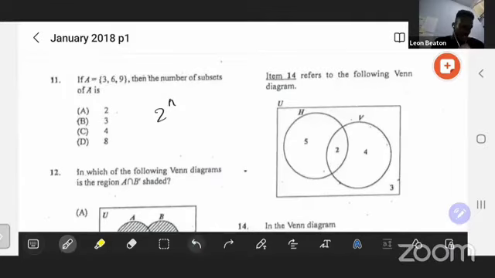In this case, we have 3 elements, so 2 raised to the third power, which is 2 times 2 times 2. 2 times 2 is 4, 4 times 2 is 8. So the answer here is D.